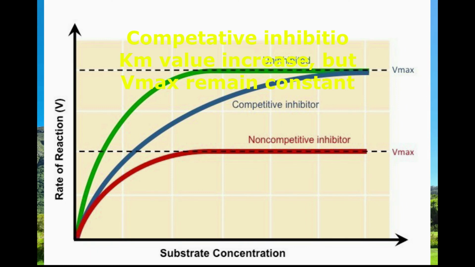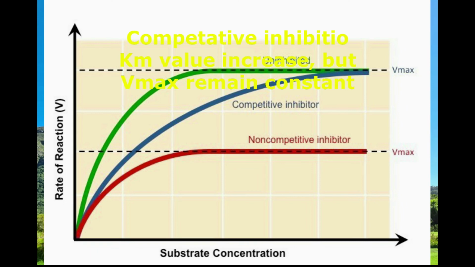When the inhibitor is added to the medium, the apparent Km value increases when you plot the half Vmax. I already told you, when the Km value is more, the enzyme is less effective, and when the Km value is less, it is more effective.